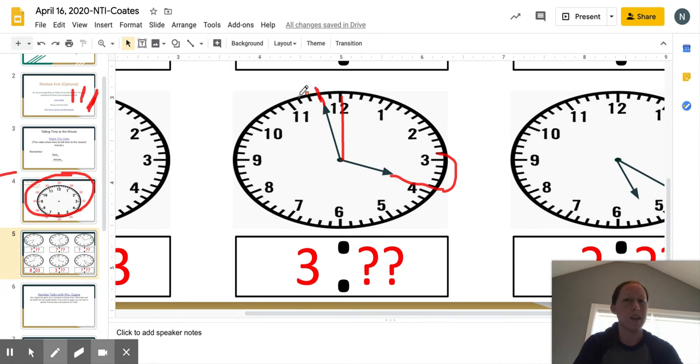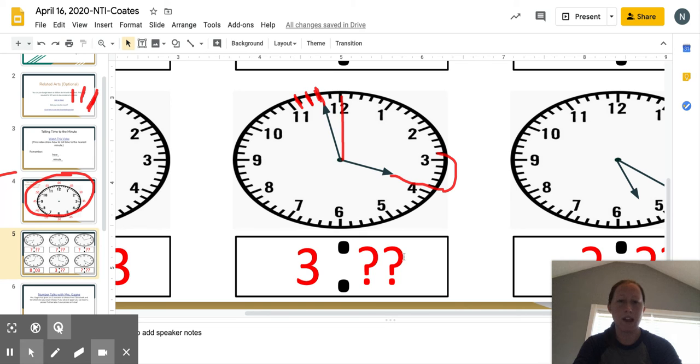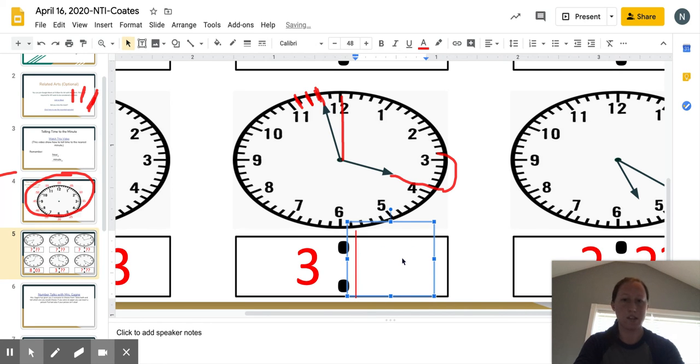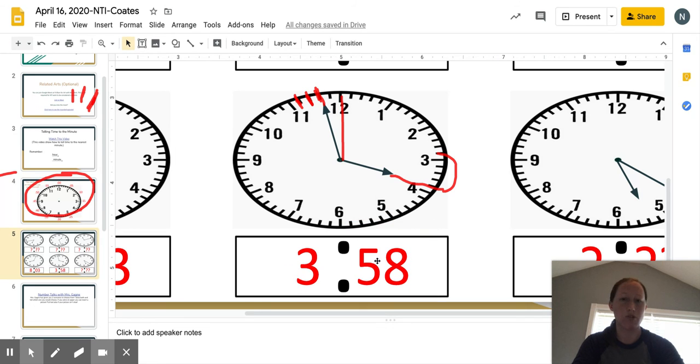But now I have to count the individual tick marks because it's not pointing at the 11. It's a little bit past the 11. So once again, the 11 is 55. So now I have to count it by ones. So 55, 56, 57, 58. So my minute hand is pointing to 58. So my time is 3:58.